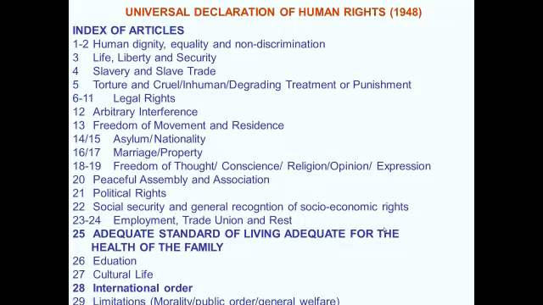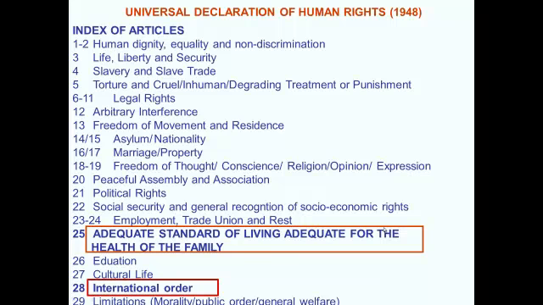One of these rights was that everyone should have an adequate standard of living, adequate for the health of the family. And another right, Article 28, is that everyone should have a right to an international order that's not coercive. We'll talk more about this in our next video.